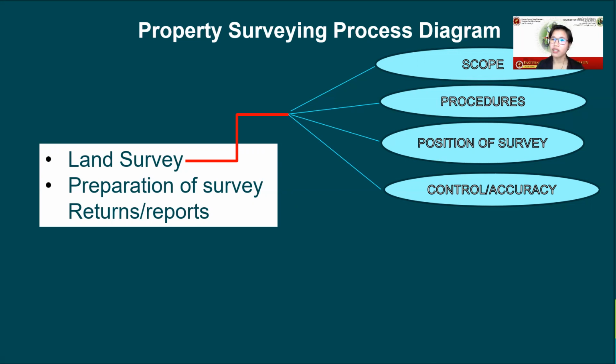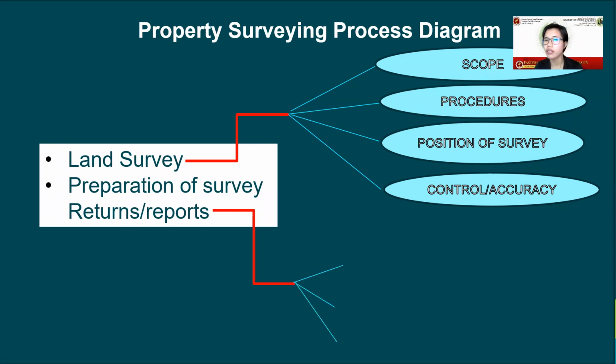But does it meet the accuracy or standard set by the DENR? If it does not meet the DENR standard, one of the main causes is that your service can be rejected or you may be asked to revise it, and it takes a lot of time. So you need to be knowledgeable to save time and budget.